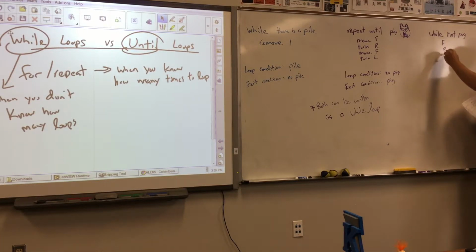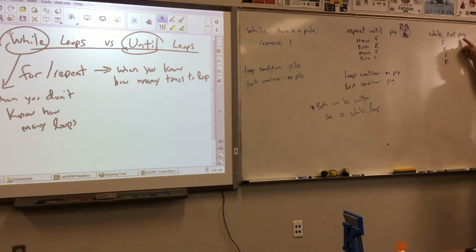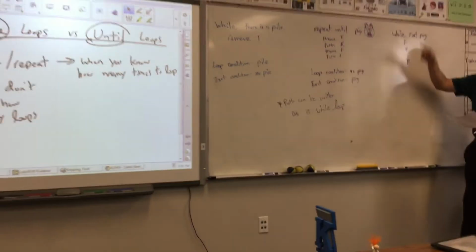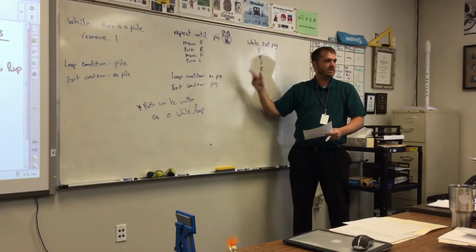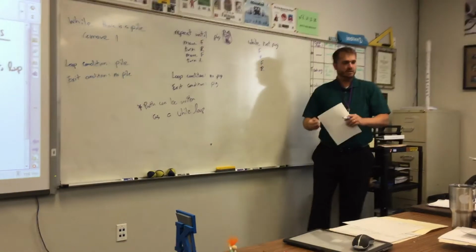Move forward, turn right, move forward, turn right. Think of it like that. What's the loop condition? Not pig. What's the exit condition? Pig. So you see, it would work the same way.